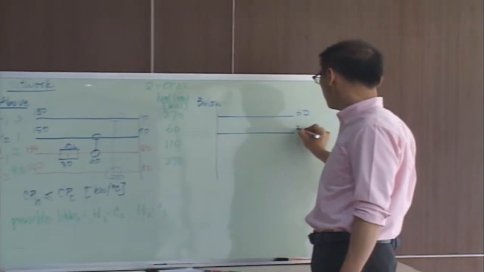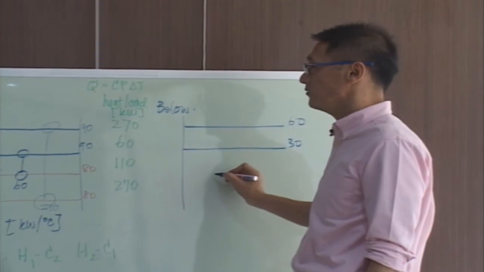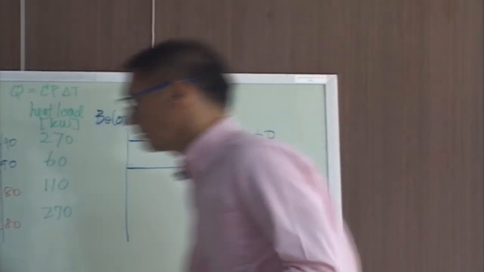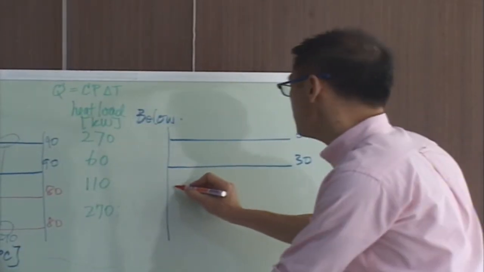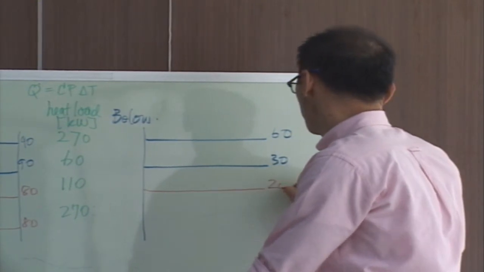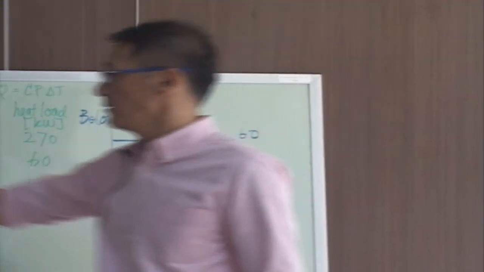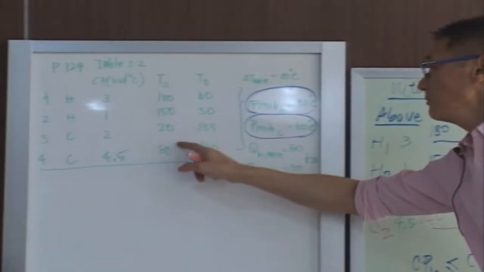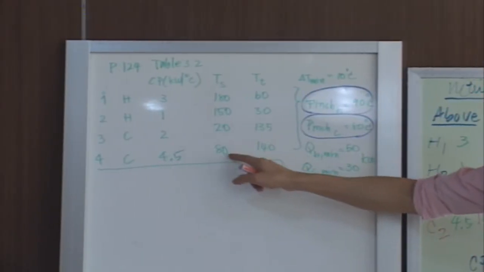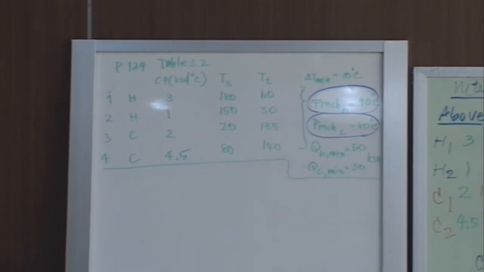This one goes to 30. This one, the cold one, goes to 20. And we don't need to draw that because it already meets the supply temperature of 80 degrees Celsius on stream number C2.